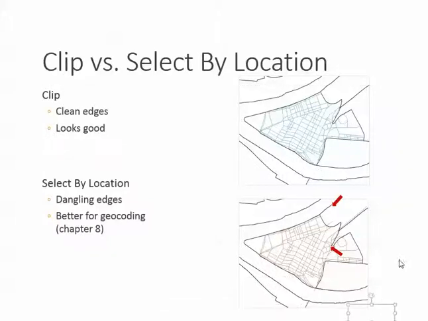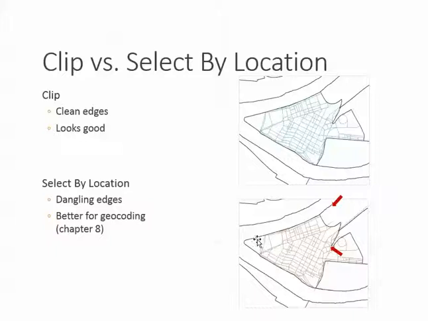But if what you're trying to do is, perhaps you're doing geocoding, or perhaps these are census boundaries within a certain area, you want to be careful with clipping. You do not ever want to clip any type of census boundary, because if you are looking at census data within a boundary, and say your area of interest only covers 25% of that census tract, and say that's the bottom.